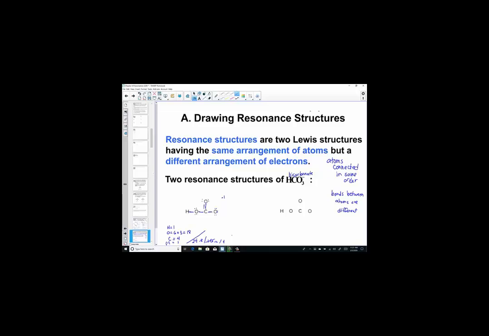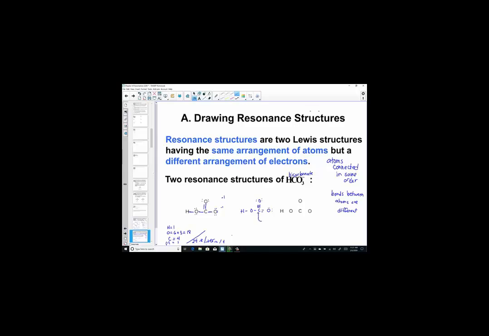And that creates the -1 charge on the oxygen. Now let me repeat why I didn't put double bonds here. I'm just going to draw something wrong and then tell you why it's wrong. Why didn't I just put a bond here instead of another set of dots?